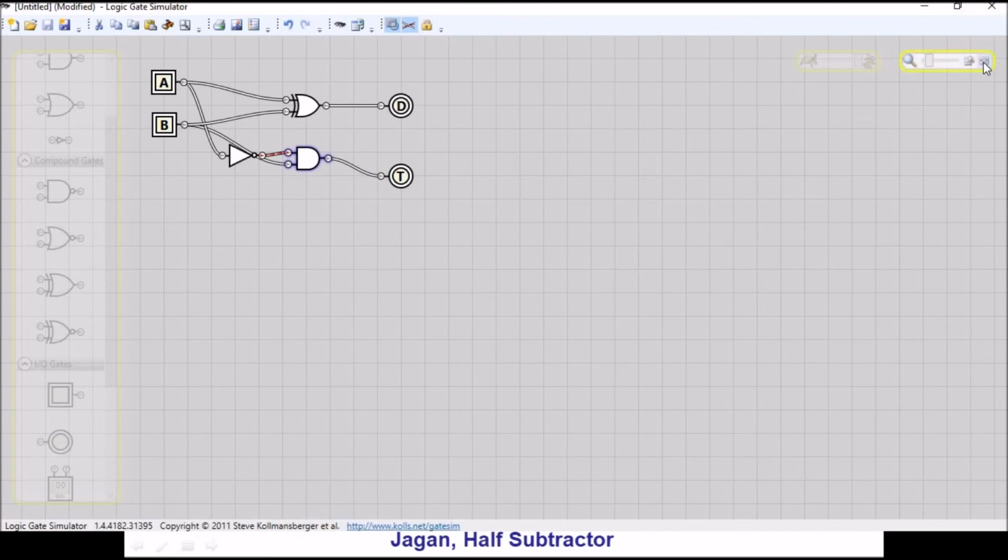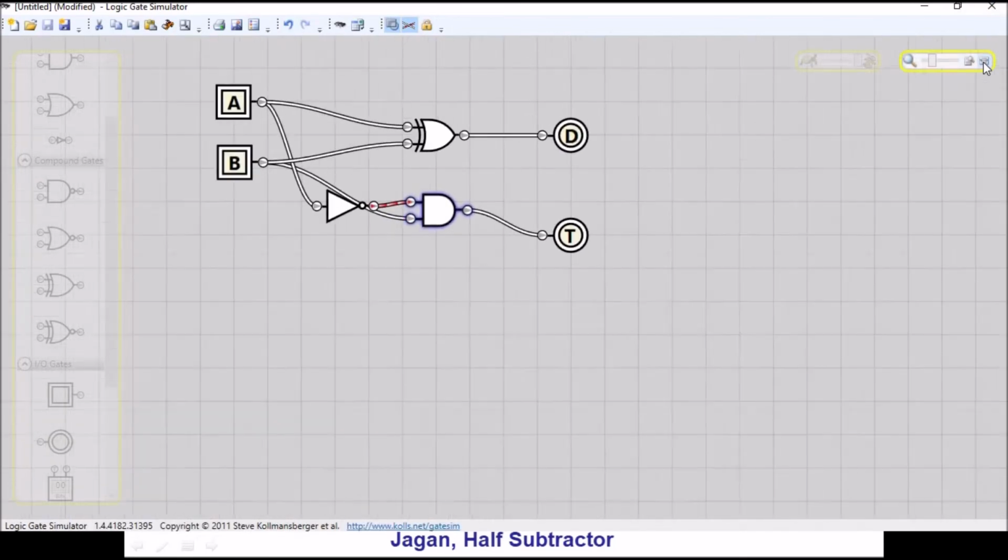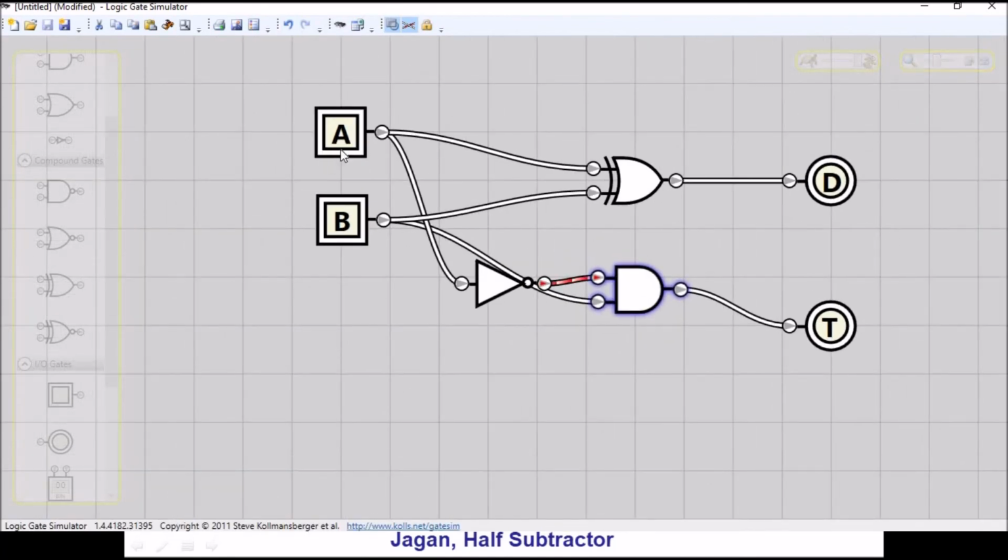If you look into this circuit, I will be having 2 inputs and 2 outputs, right? So A and B are passed to the XOR gate where I will get the difference, and then I will invert the A and pass it to one of the inputs of the AND gate, and another input would be B where I will get the borrow. The expression is A bar B. Okay, let's verify.